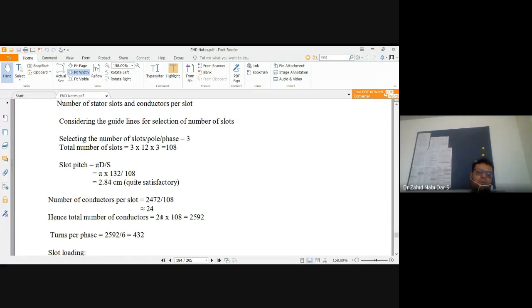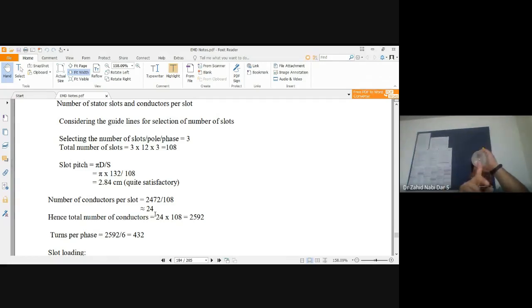So total number of conductors means this circle has got 24 conductors at every interval, placed all around the circle, till 108.